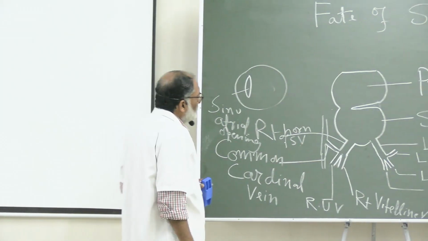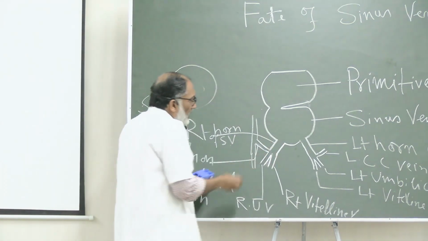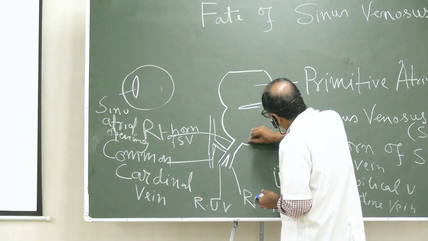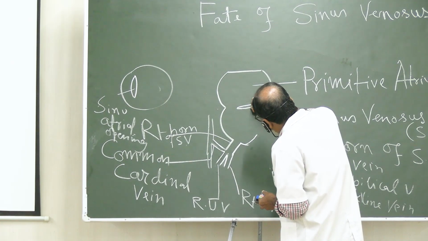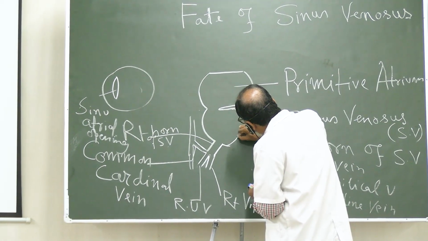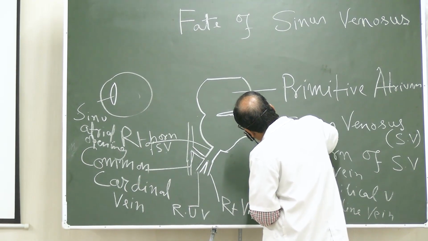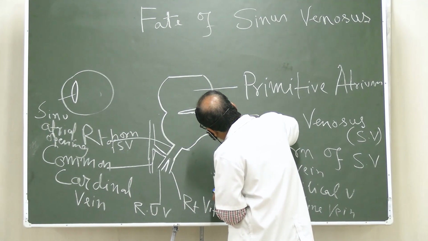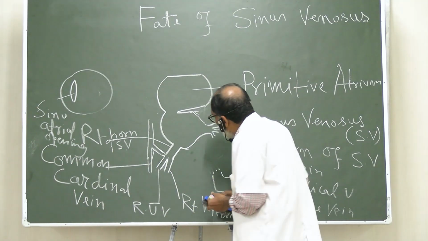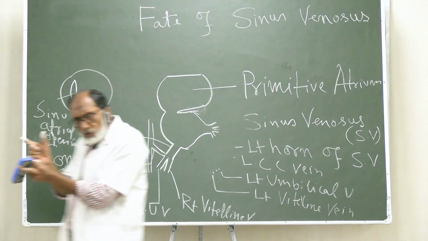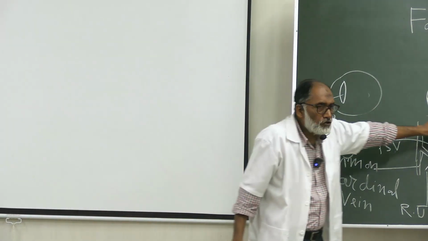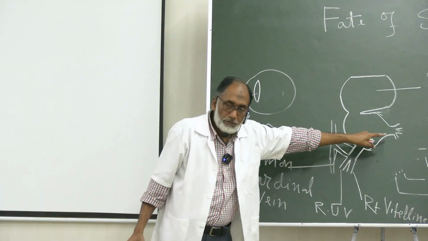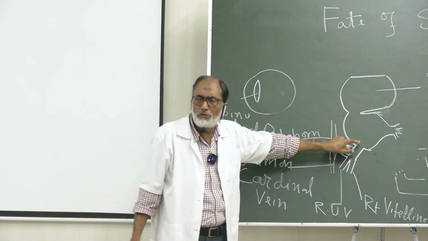Now, after this, it becomes so much reduced that the left horn seems to be the tributary of the right horn.